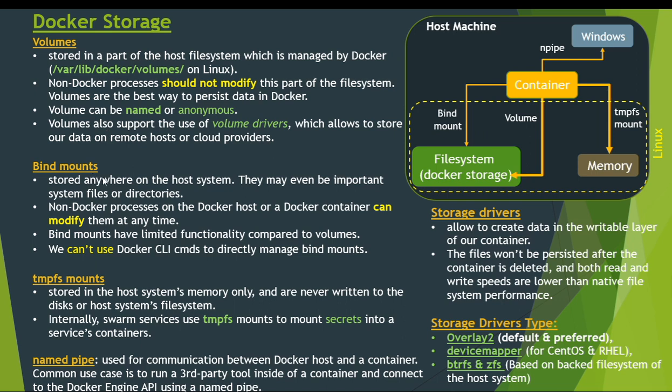Then we have bind mounts, where we store our data anywhere on the host file system or on the host machine. We would not have a dedicated location for the storage. We can store anywhere on the system. They may even be important system files or directories. Non-Docker processes on the Docker host or a Docker container can modify them at any time.